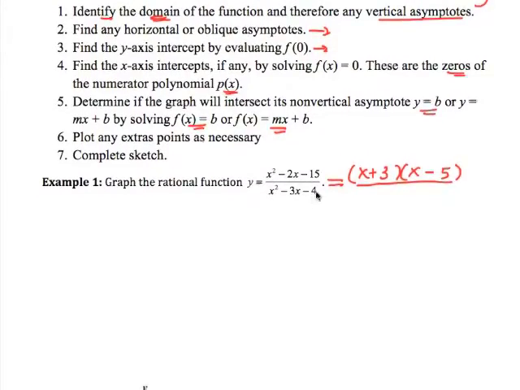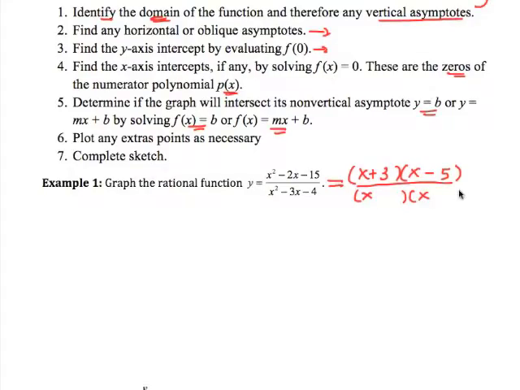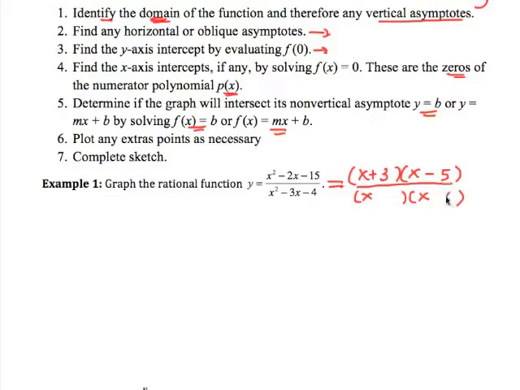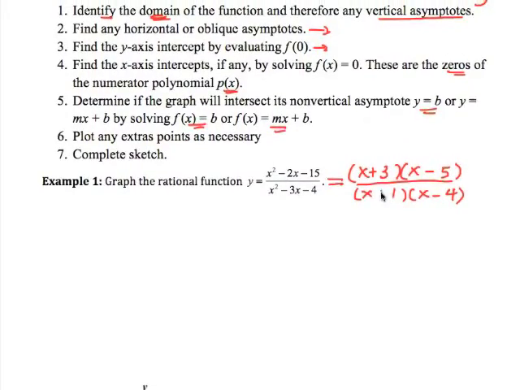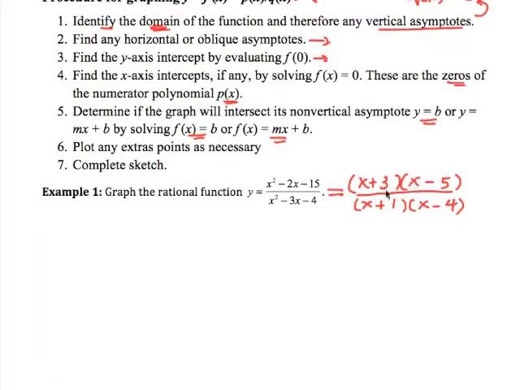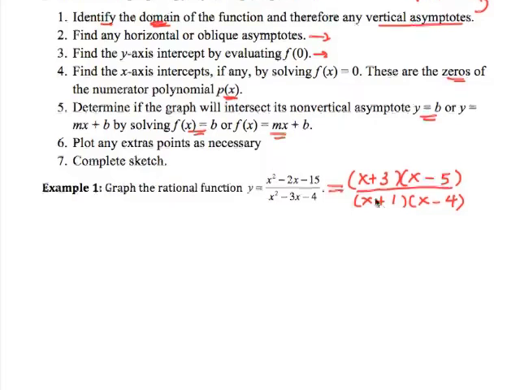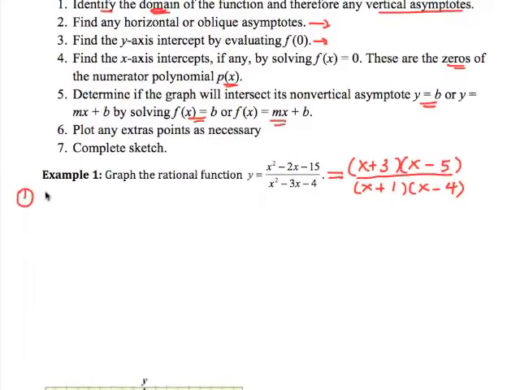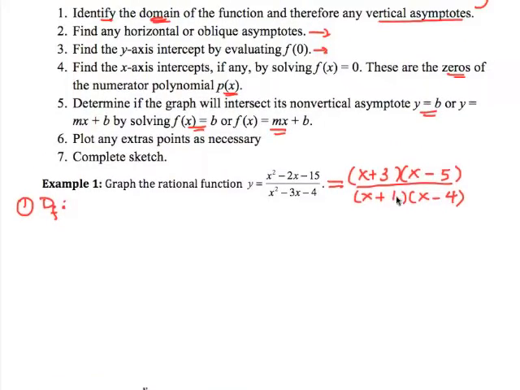Divided by, now can we do this one, factors of negative 4 which add up to negative 3. That would be 4 and 1, and we'd need a negative 4 and a positive 1. So we actually have been able to factor the numerator polynomial and the denominator polynomial. That leads us to step number 1. The domain of our function is the values that this can't have.